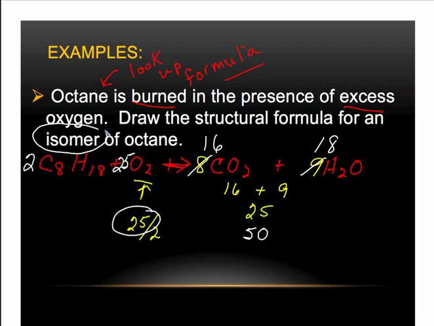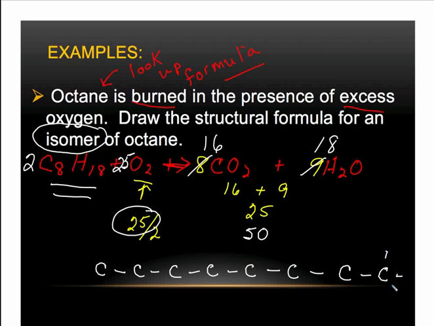Now, this asks us a question. I wanted to go ahead and start introducing some topics: draw an isomer of octane. Iso means same. Isomer is same molecular formula, but different structural formula. Now, I'm going to take the easy way out and just draw lines to represent my hydrogens.